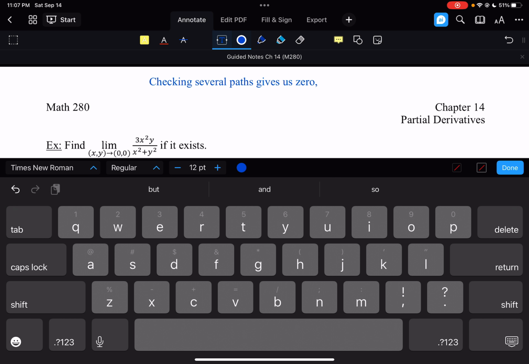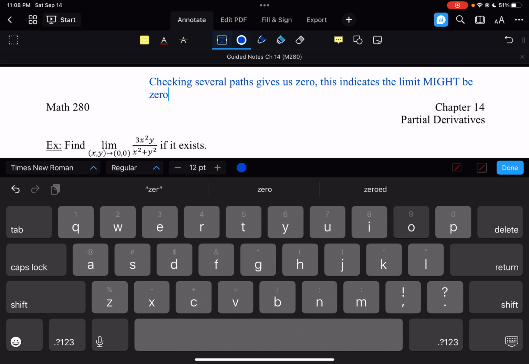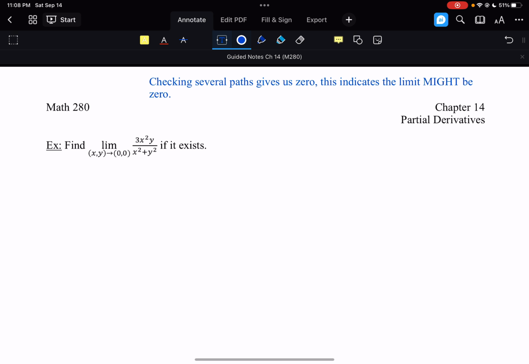If we check a bunch of paths on this, we would see that all of the paths give us zeros. And so this indicates the limit might be 0. So we suspect that the limit is 0.